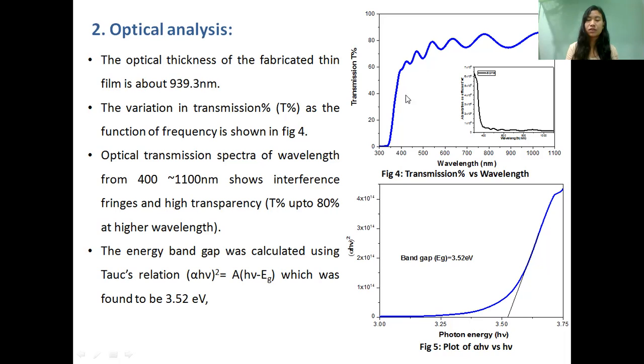From this optical transmission spectra, we can see interference fringes and high transparency up to 80% at higher wavelength. The optical band gap of the prepared sample is also calculated by using the Tauc relation and the value is found to be around 3.52 electron volts.